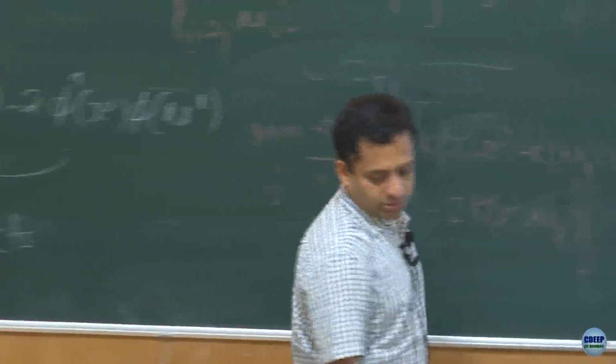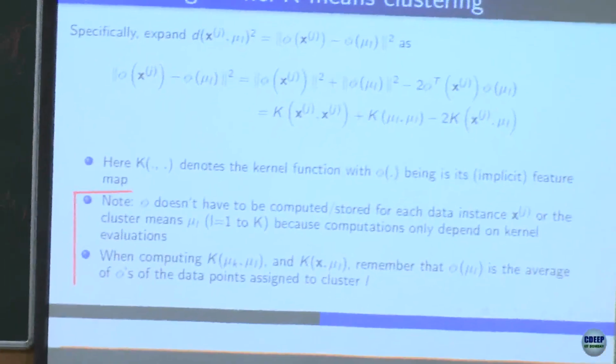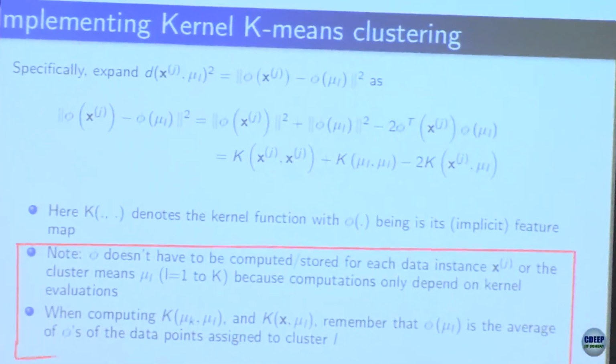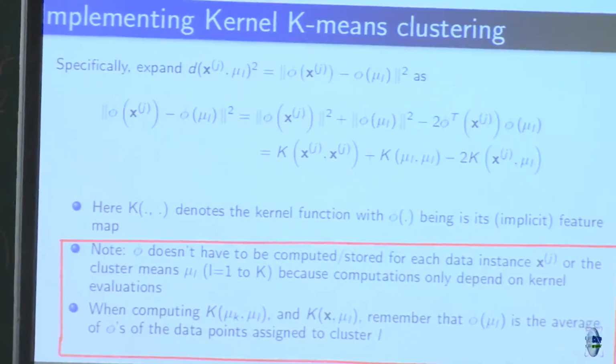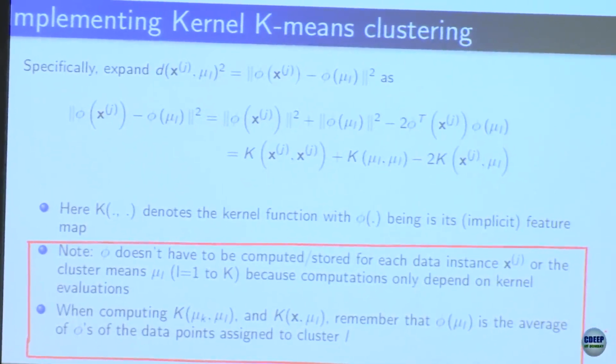Let's note the point of divergence from the previous case. Take note of these two points here. Phi does not have to be computed for each instance or even for the cluster means, because computations only depend on kernel evaluations, right?